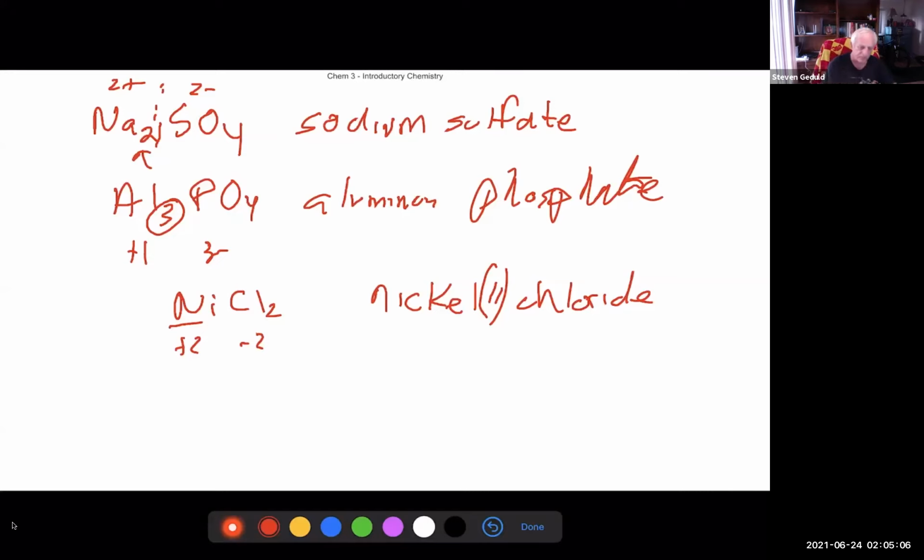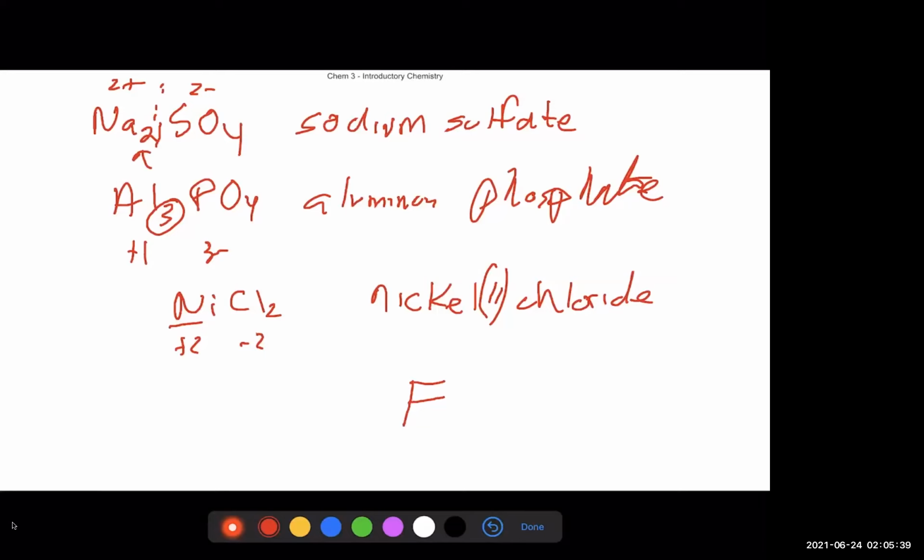Okay? So let's take fluorine for an example. Now, what we need to realize is a chemical bond is 2 electrons. Whether they're shared or transferred is what determines whether they're ionic or covalent. So let's take fluorine. How many valence electrons does fluorine have? Not the charge now. Remember, we put the numbers across. 7.